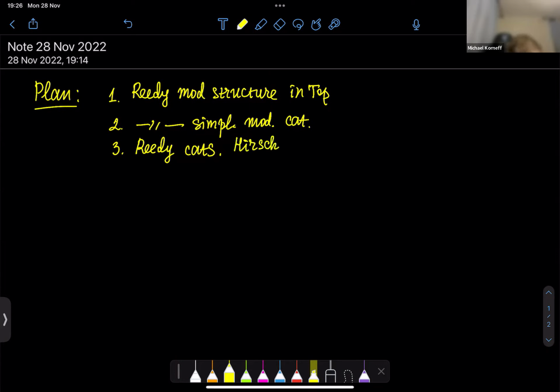Hirschhorn's lemma. The next point is Reedy model structures and Kan's theorem.